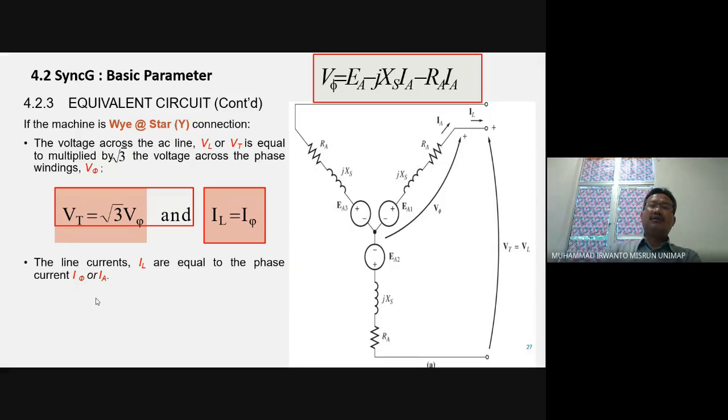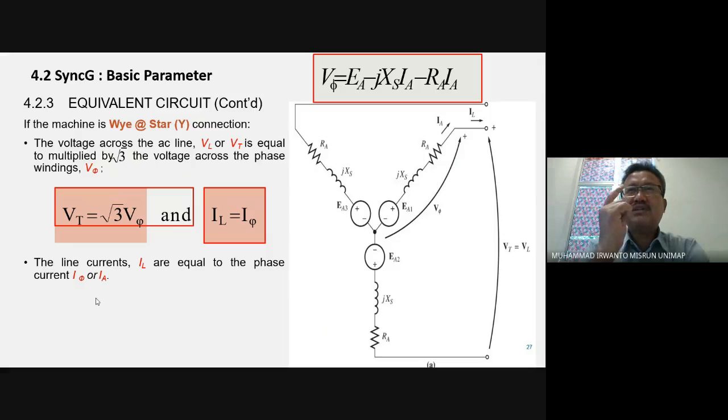Then for the connection of the stator, because it is a three-phase synchronous generator, meaning there is three-phase winding in the stator of the synchronous generator. The connection can be divided into two types, remember.